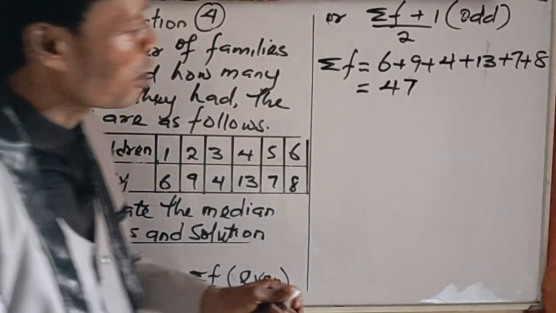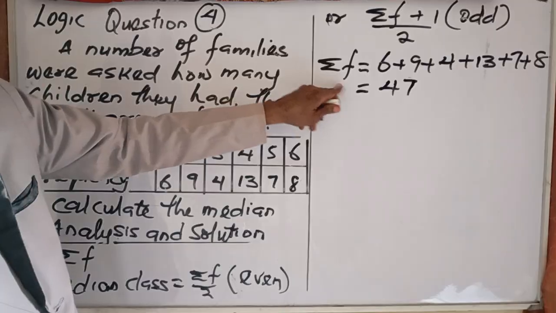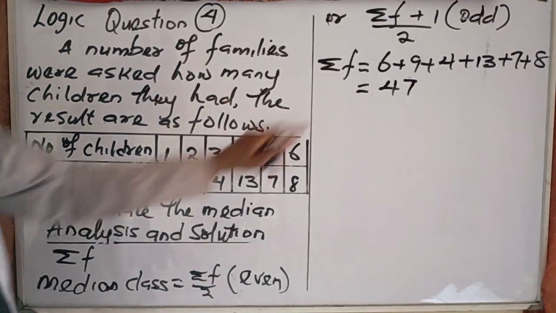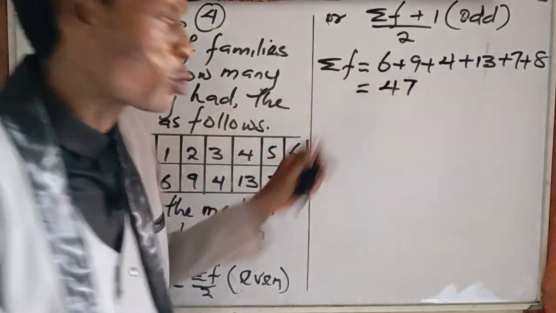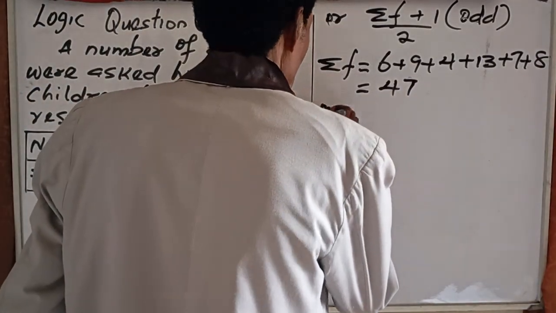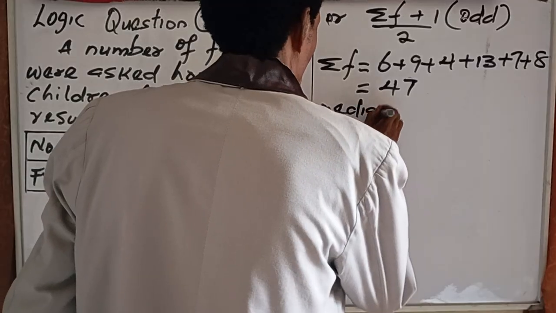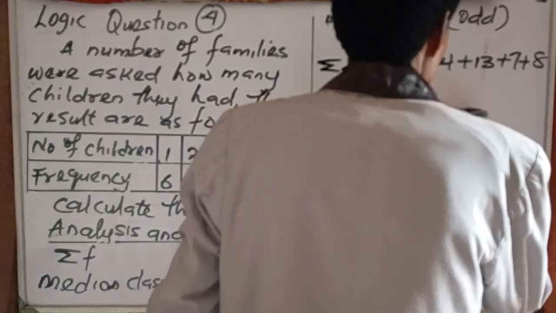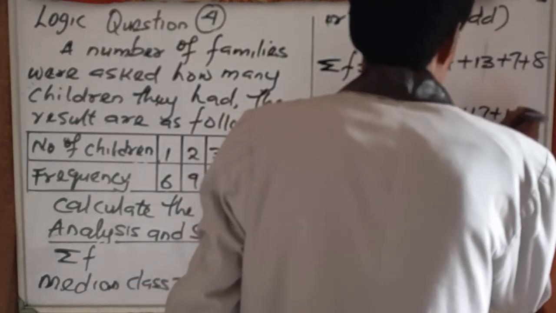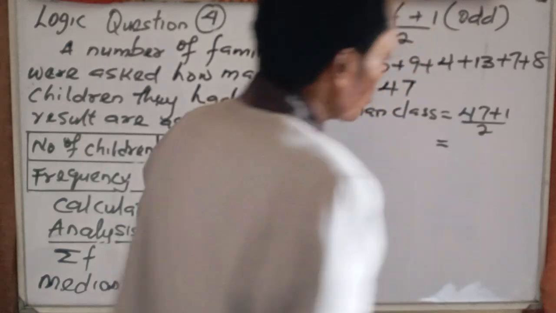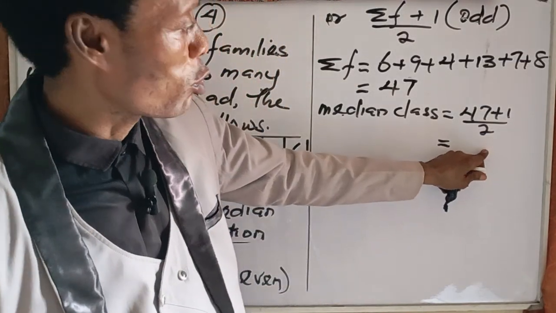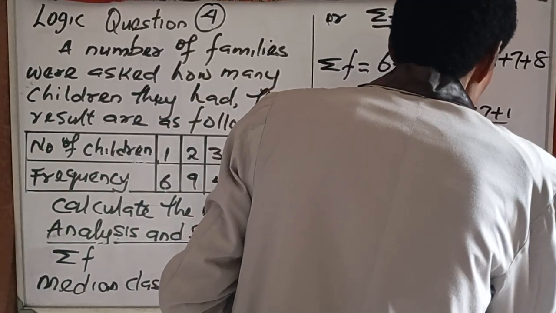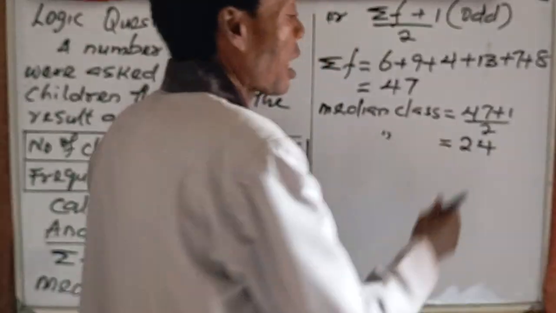So the summation of f is 47. To get our median class, we add 1 to this and divide by 2. The median class is 47 plus 1 all over 2, which is 48 divided by 2, which is 24.